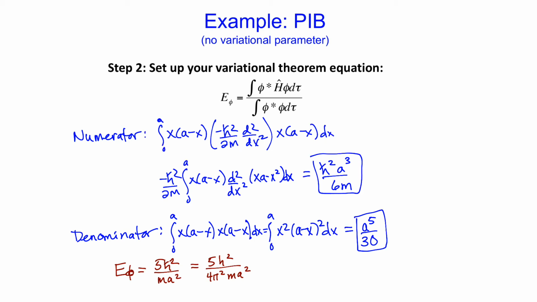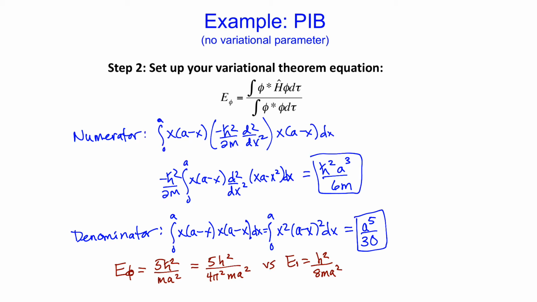Take a second and think about how this compares to our true energy of a particle in a box. We know that our true energy, E1 for our ground state for a particle in a box, remember n equals 1 is our ground state, is h squared over 8 ma squared.